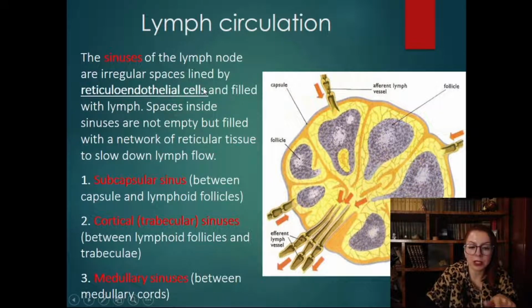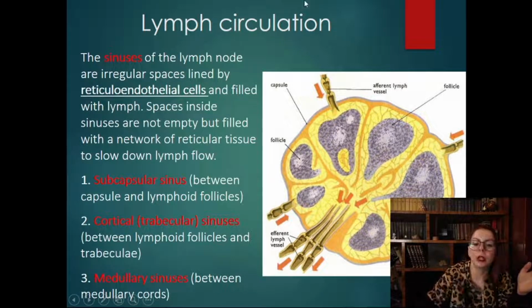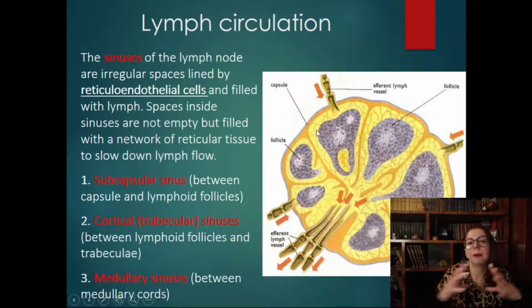These cells are needed to slow down lymph flow. So lymph passes through the lymph node very slowly, because sinuses are occupied by a meshwork of reticular endothelial cells.